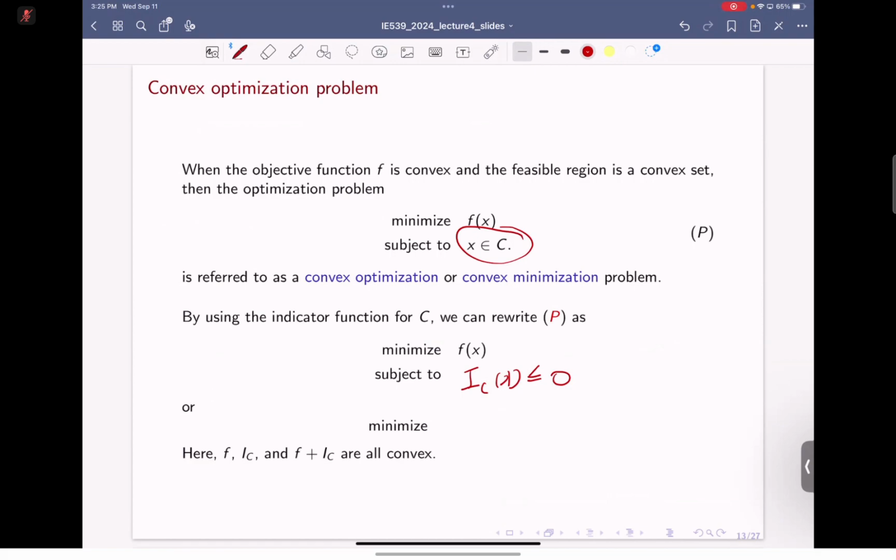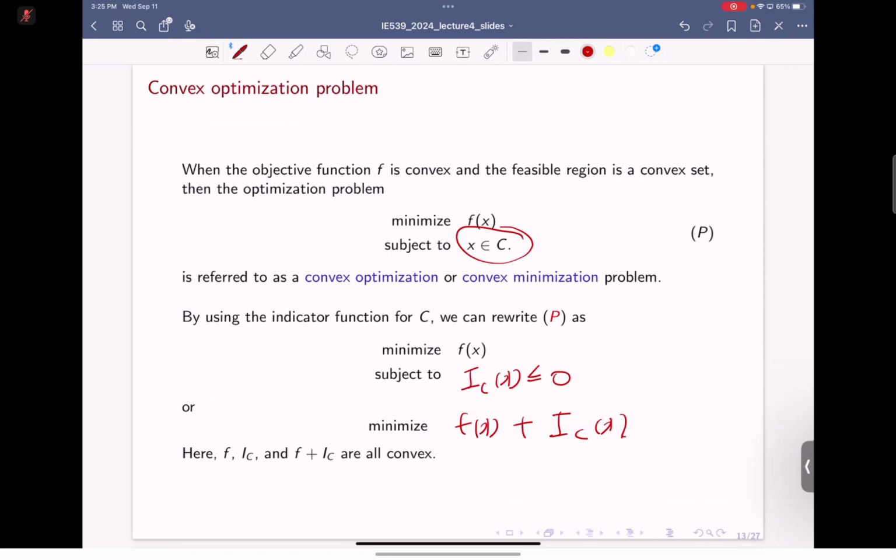And well, for our problem of this indicator function, it can also be equivalent to f of x plus I_C of x. Why is this original problem equal to the third one? Well, whenever x is outside the set C, you have the plus infinity.